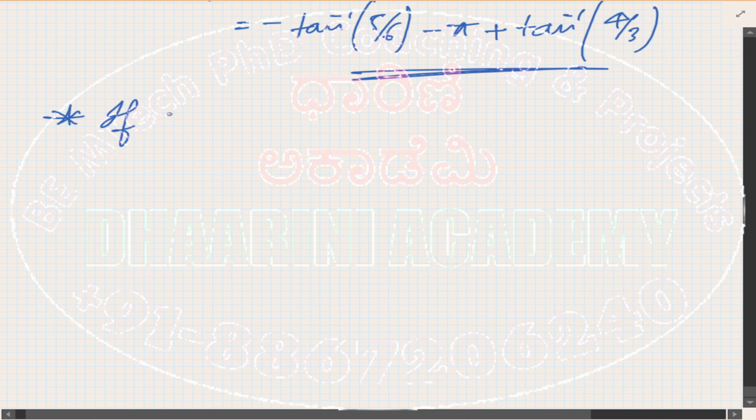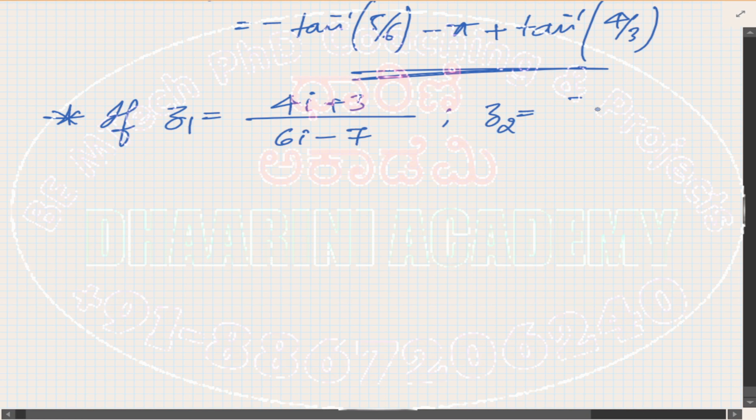If Z1 is equal to 4i plus 3 divided by 6i minus 7, and Z2 is equal to minus 2 minus 7i divided by 8 minus 3i.